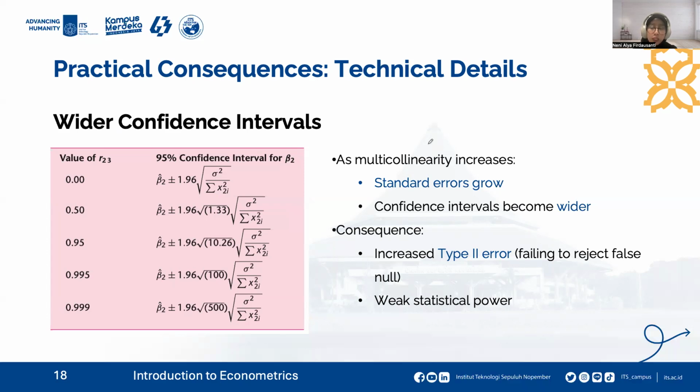So we will have less precision. It will increase the type 2 error, which means we increase the probability of failing to reject a false null, and it will give you weak statistical power.